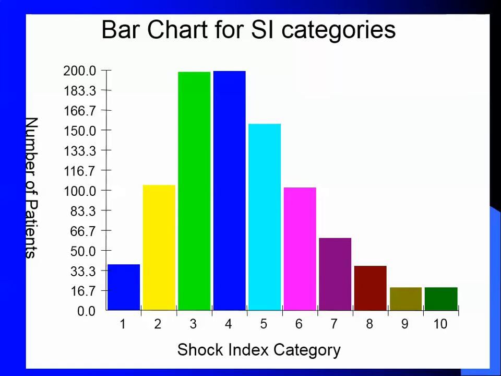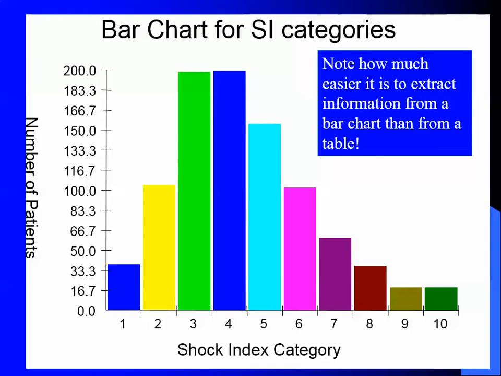And here we have observations of it. Two qualitative variables, two categorical variables: shock index category is ordinal and number of patients is nominal. So a bar chart is useful. Never mix a bar chart with a histogram.